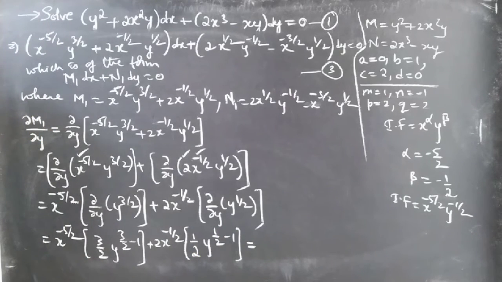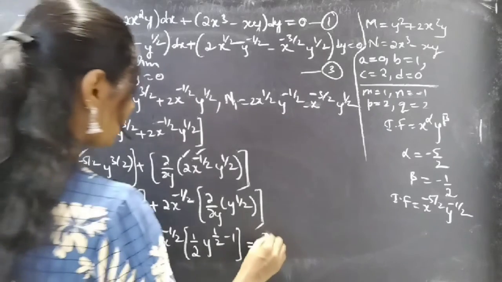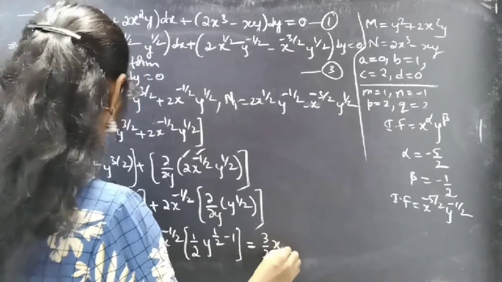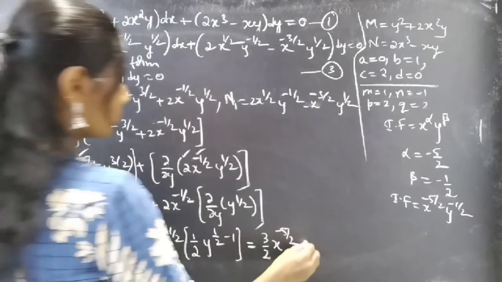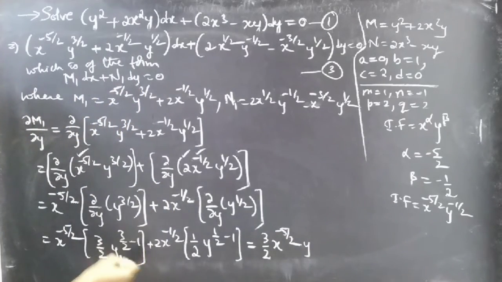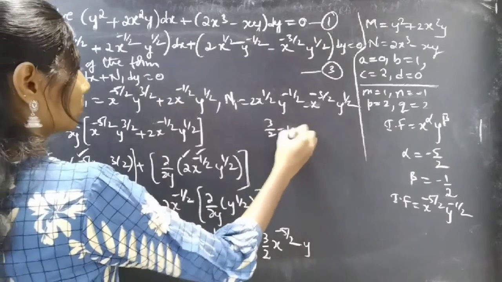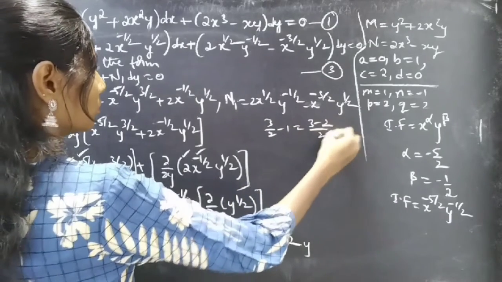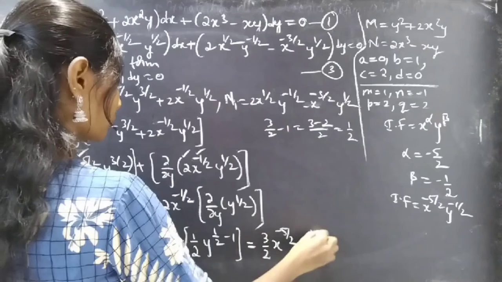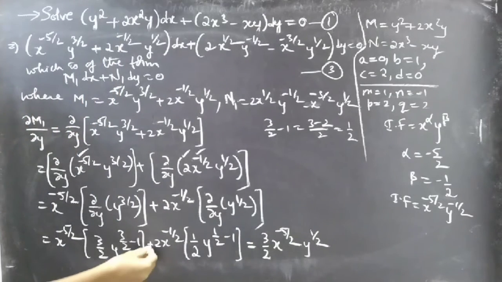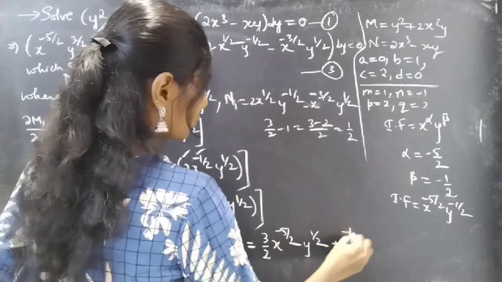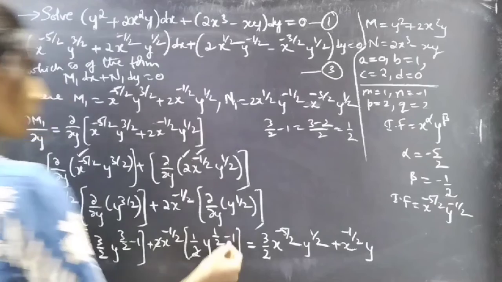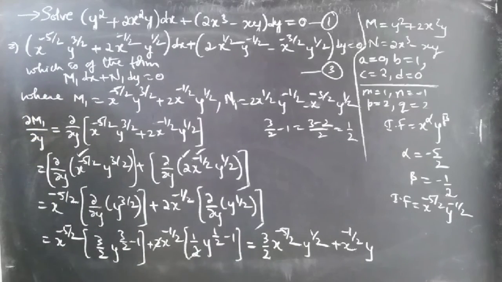Which gives us 3/2 x^(-5/2) into y^(3/2 - 1), which is 1/2, plus here 2 gets cancelled and you'll get x^(-1/2), y^(1/2 - 1) is -1/2.